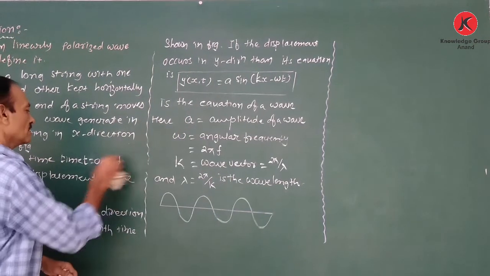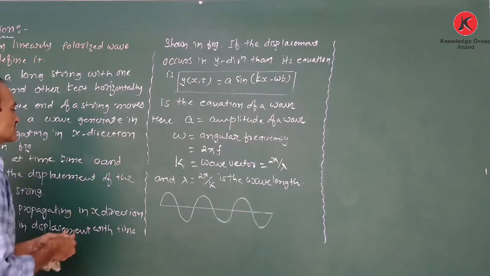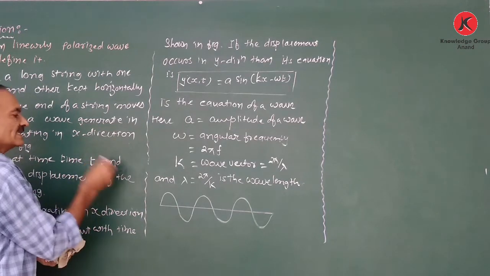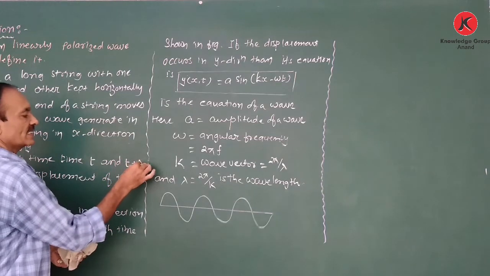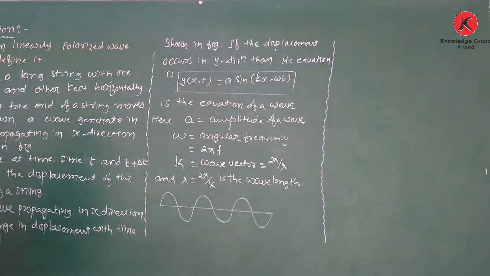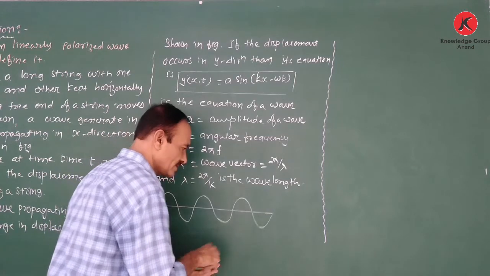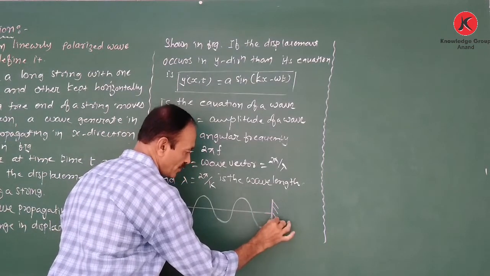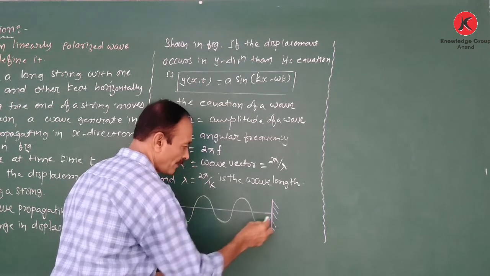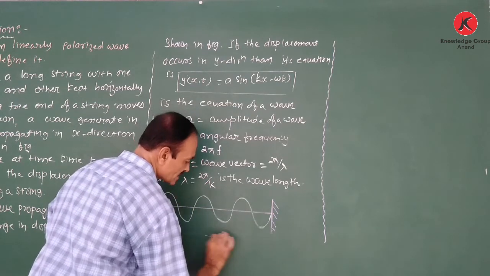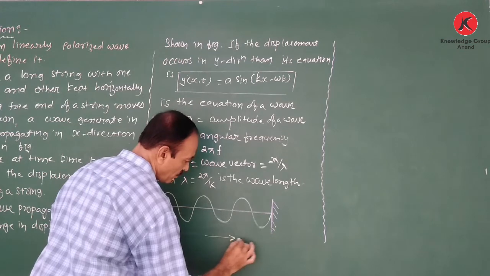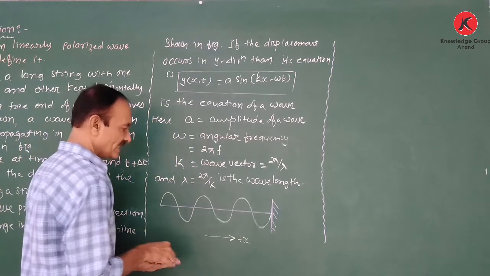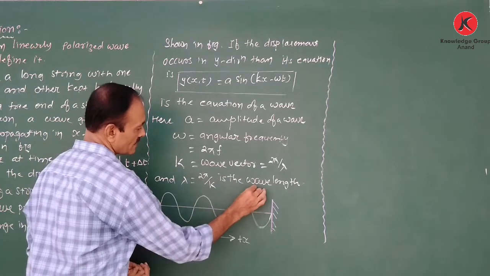Now look at the waves generated in the string at the initial time t and at t plus delta t. There is the fixed support. Whatever disturbance is produced in the string is propagated in the positive x direction. There is the situation at time t.